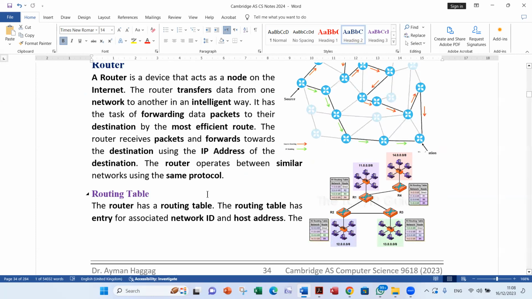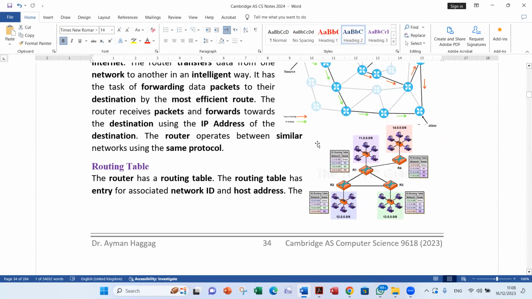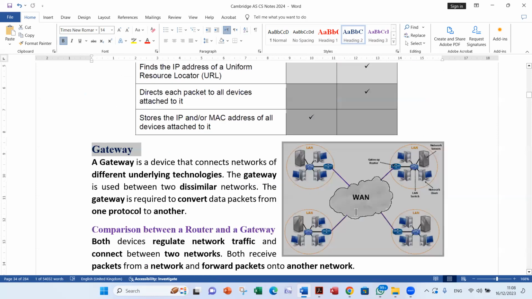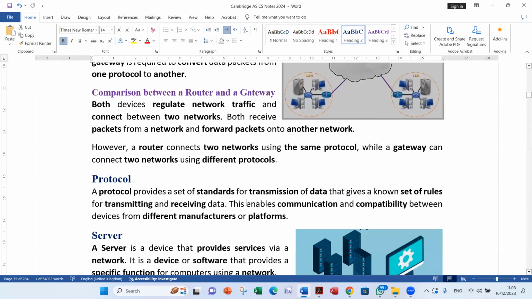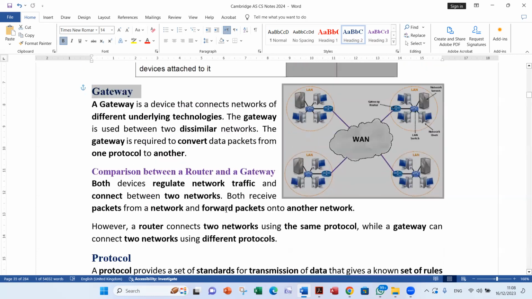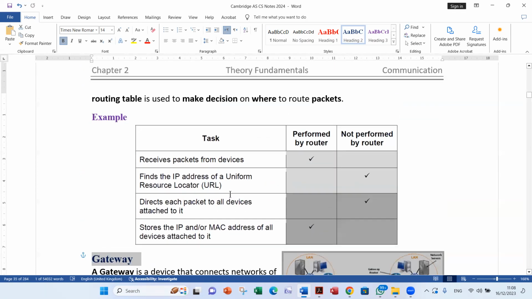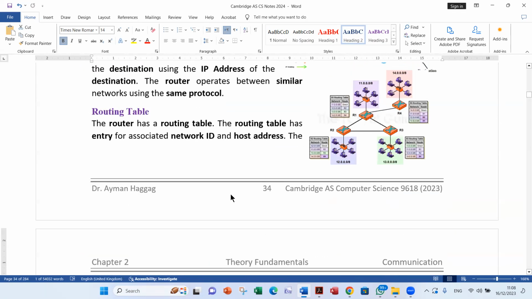So here, the router connects networks of similar protocols. See a comparison between a router and a gateway. That was in an exam. So please study carefully.